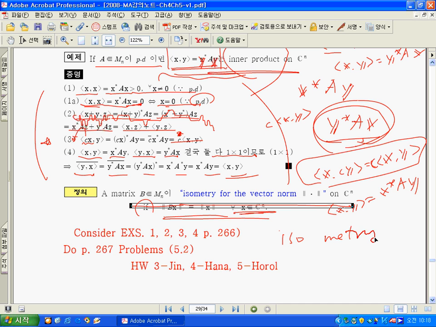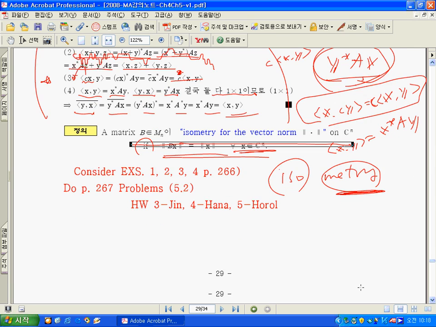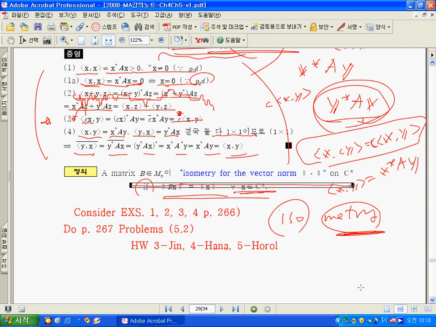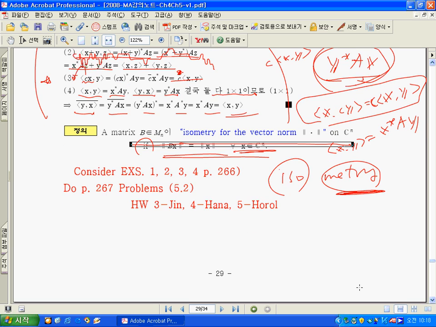Isometry: metric, distance is the same. Distance doesn't change when you multiply the matrix B on that norm. Okay, so that's the definition. You have seen those for the unitary matrices already in chapter 2.